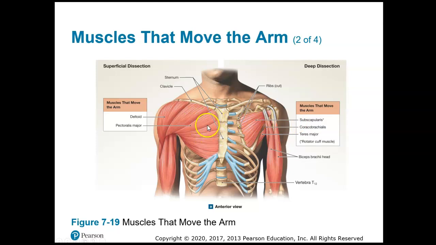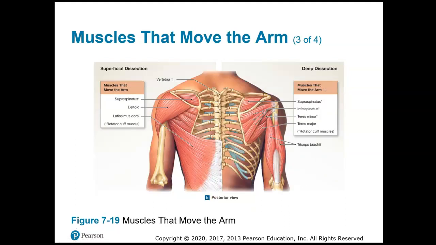It's like underneath them. And here's the teres major, but the rotator cuff muscle is the teres minor, which is up in here, a little higher up than the teres major. But there are 2 more, the supraspinatus and the infraspinatus, which has like 3 parts.